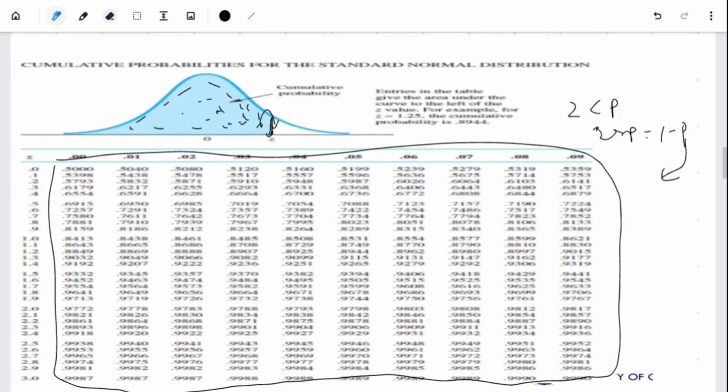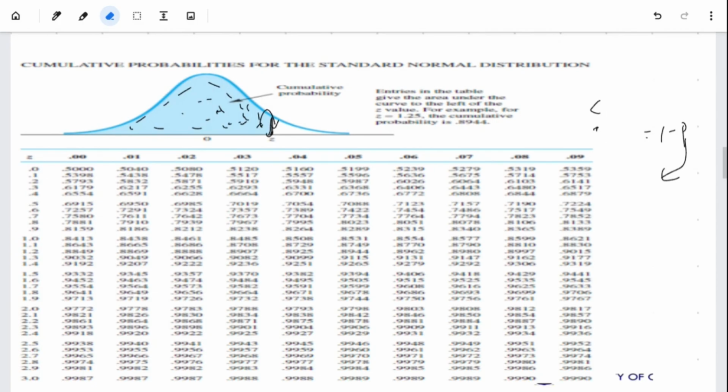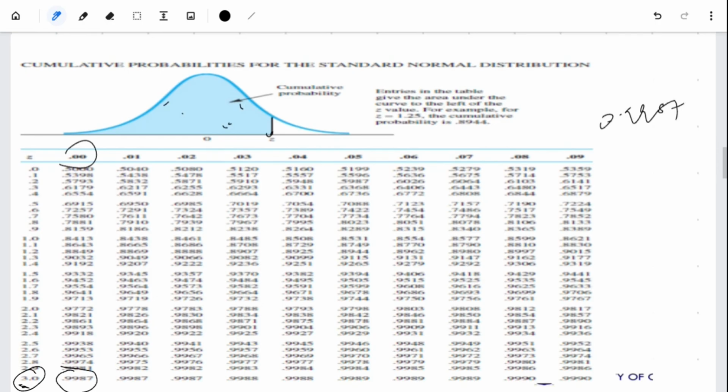In the question that we were solving earlier, our Z was equal to 3.0. So we need to find 3.0 within this portion. As you can see, this is 3, and you come to this place, you have the point 0. Therefore, this is our probability: 0.9987. There's a 0 before the point, but we ignore these zeros.